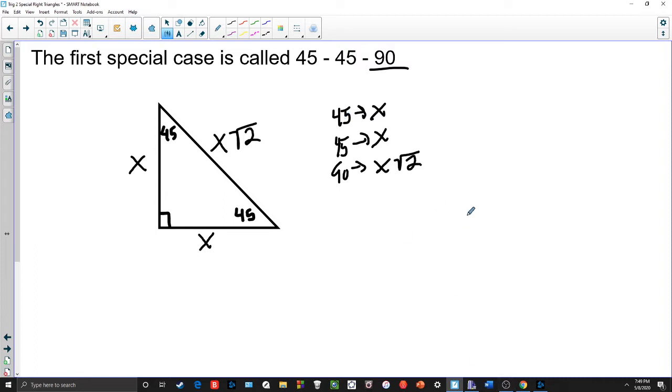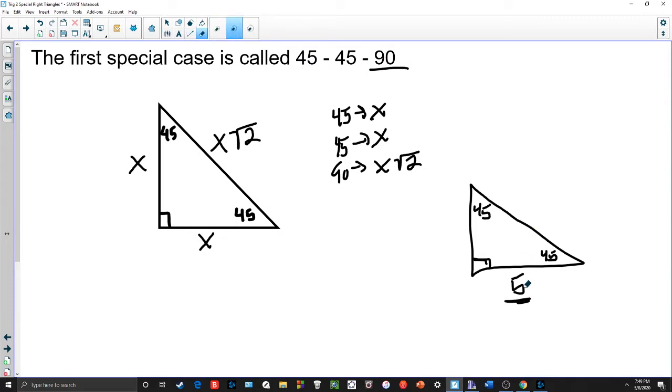For instance, as an example, a 45, 45, 90 might look something like this. Let's say that this side here is 5. Let me try and make that a little bit better. There we go. If this side here is 5, that means this side here is also 5, because the two 45-degree sides are both x, or in this case, both 5.